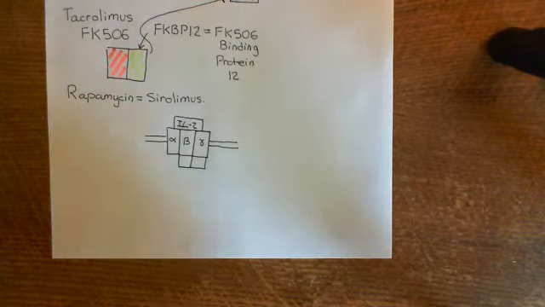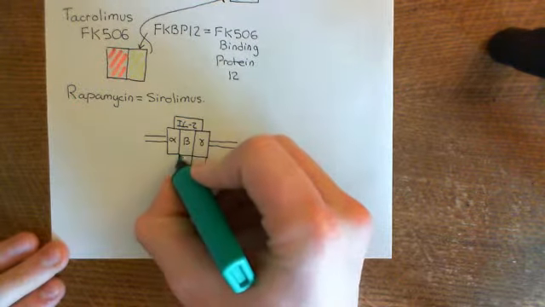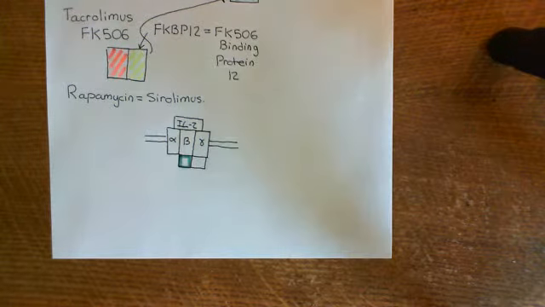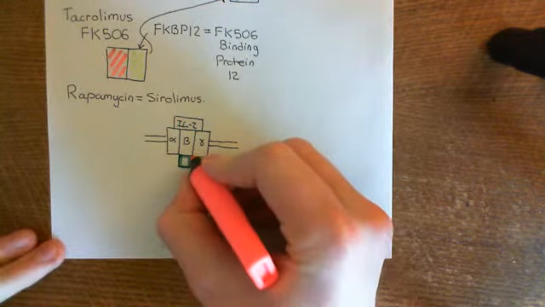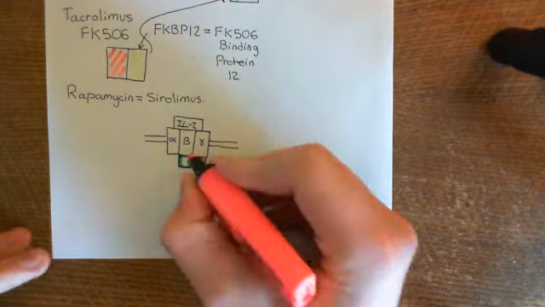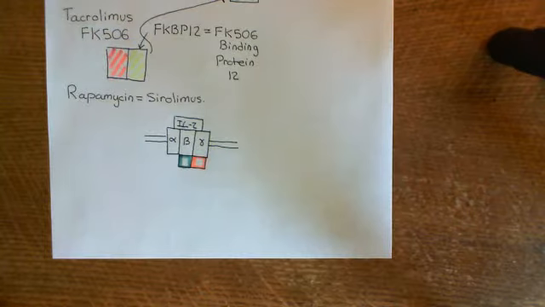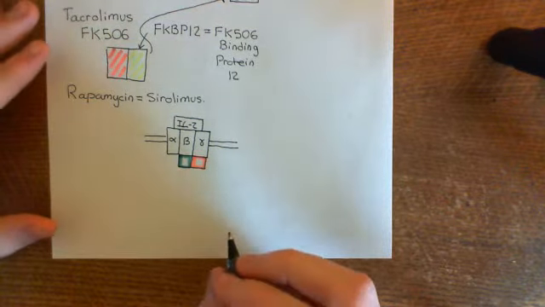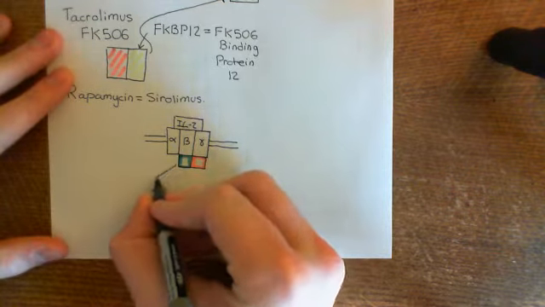Okay, so let me add some colour on here to make it look simpler. So here is an enzyme bound to the cytoplasmic domain of the interleukin-2 receptor beta subunit, and here is an enzyme bound to the cytoplasmic domain of the interleukin-2 receptor gamma subunit. Okay, so what are the names of these enzymes?